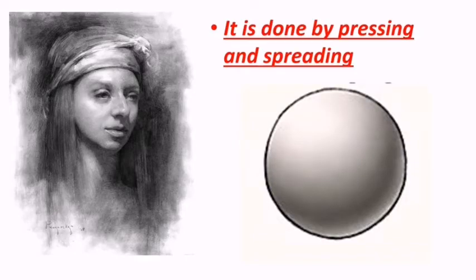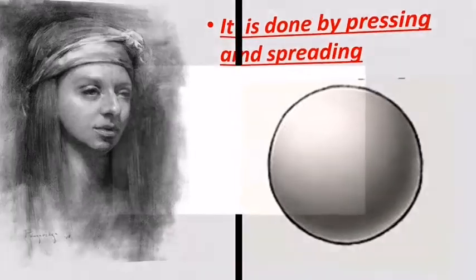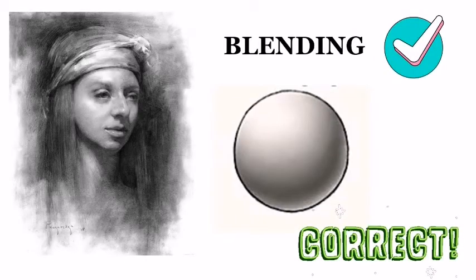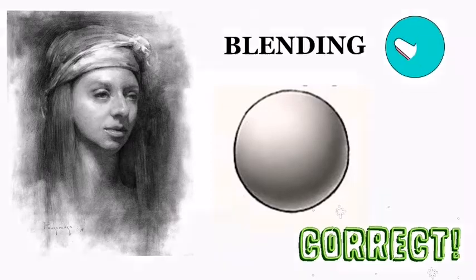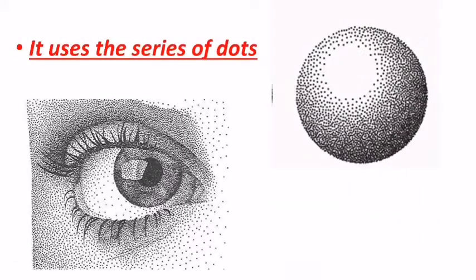Now, this shading technique is done by pressing and spreading. Can you guess it? You got it right. It's blending. What about the shading technique that uses series of dots? Can you guess it?